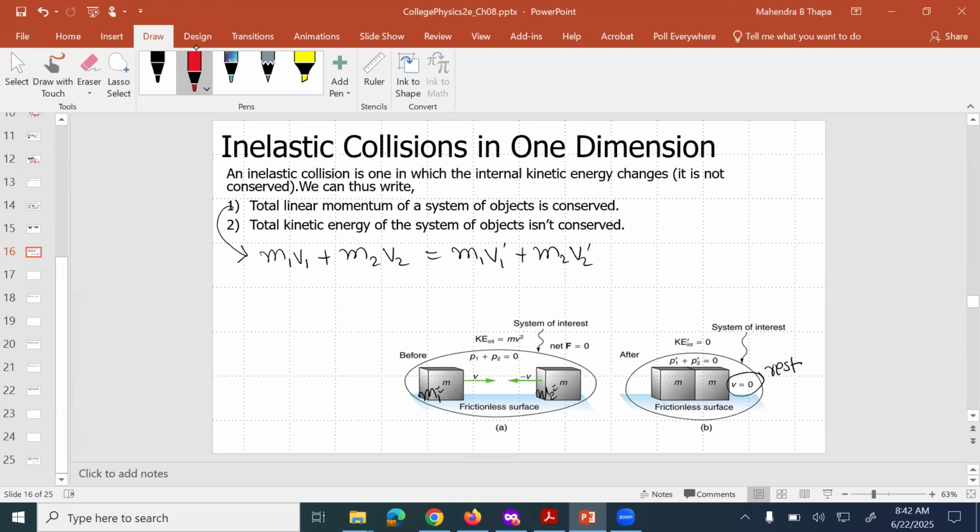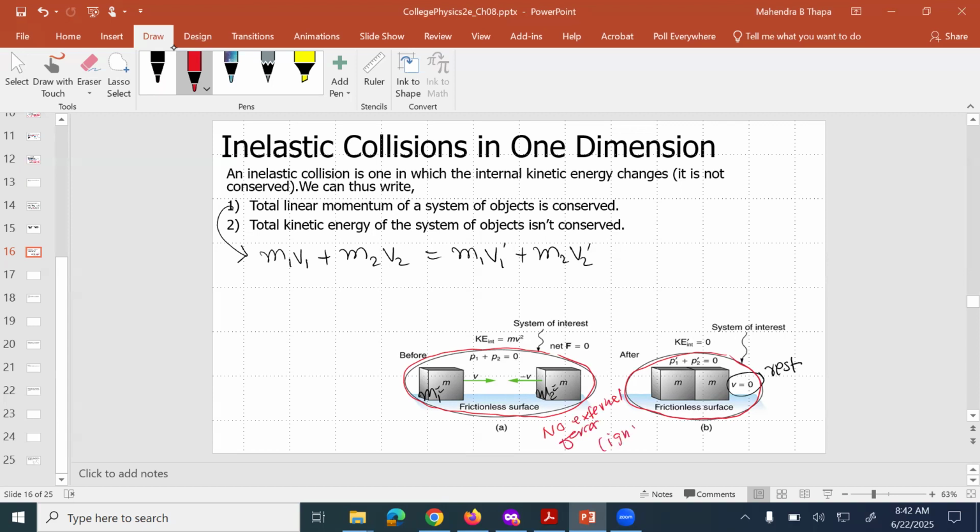So our system is M1 and M2. The forces between M1 and M2 are internal, so no external force. So we are ignoring friction here.